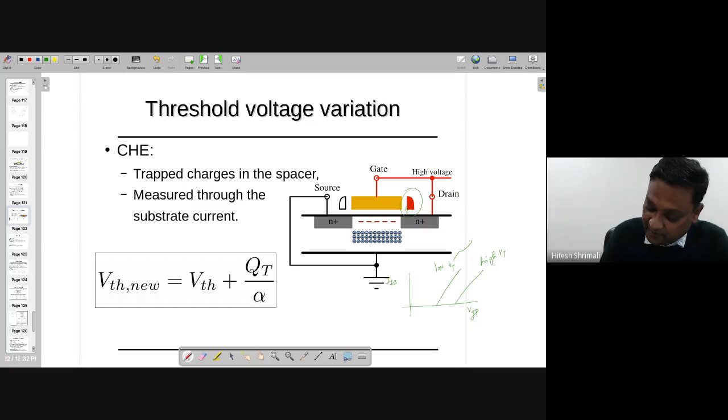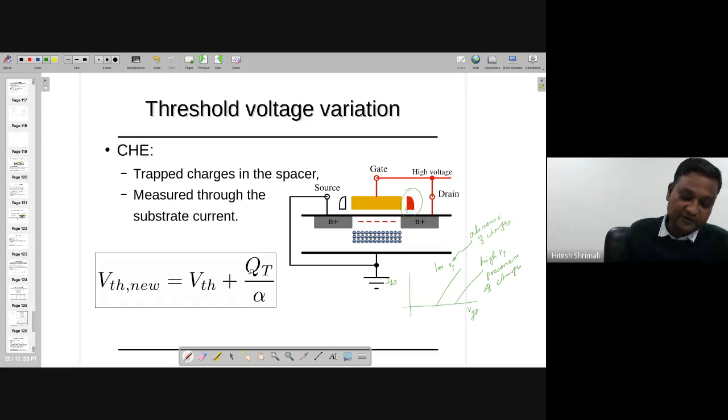This is happening in the absence of charges in the floating gate, and in this case it's a sidewall, right? And this one is high in the presence of charges, right? So accordingly it will govern this equation, and that is how this CHE, channel hot electrons, uses this spacer.